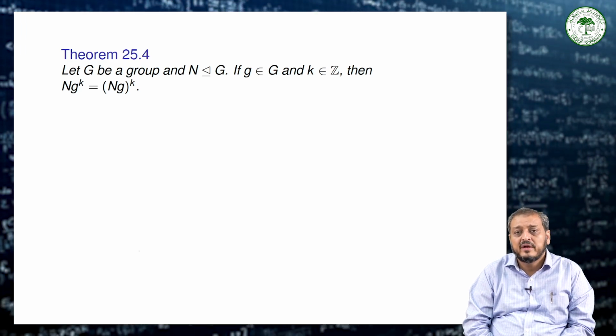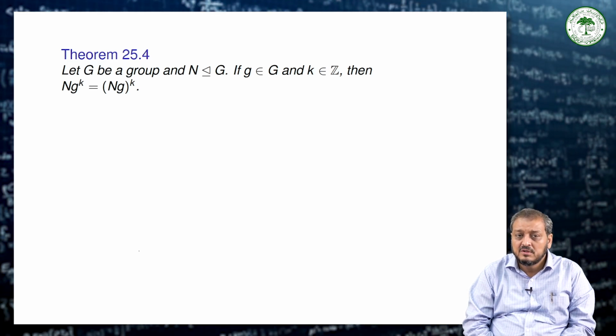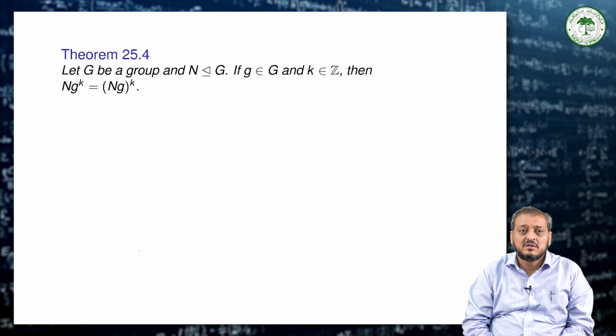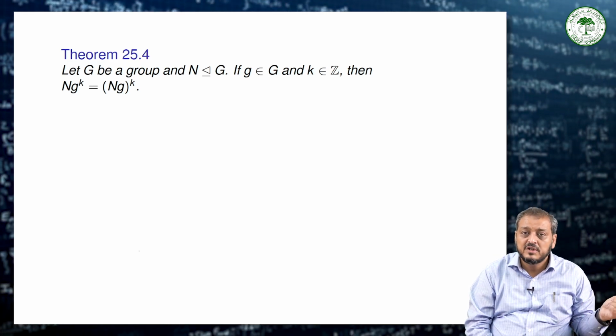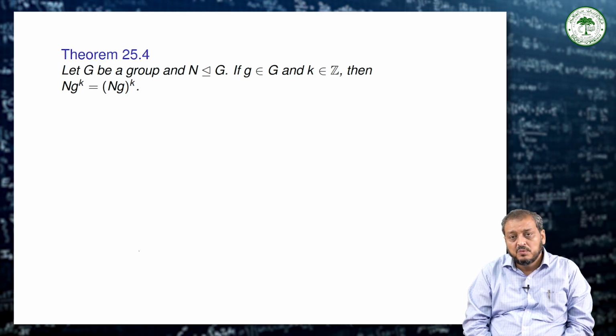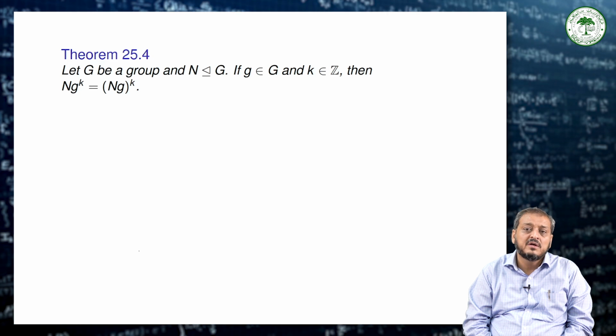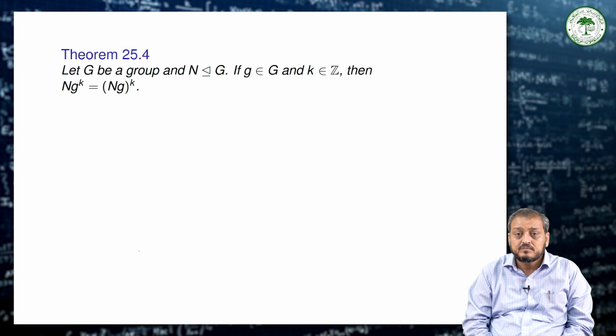I also provided an example where the quotient group is abelian but the group G is not abelian. This means the converse of that theorem is not true in general. Also, we proved the converse of Lagrange's theorem by using the quotient group.